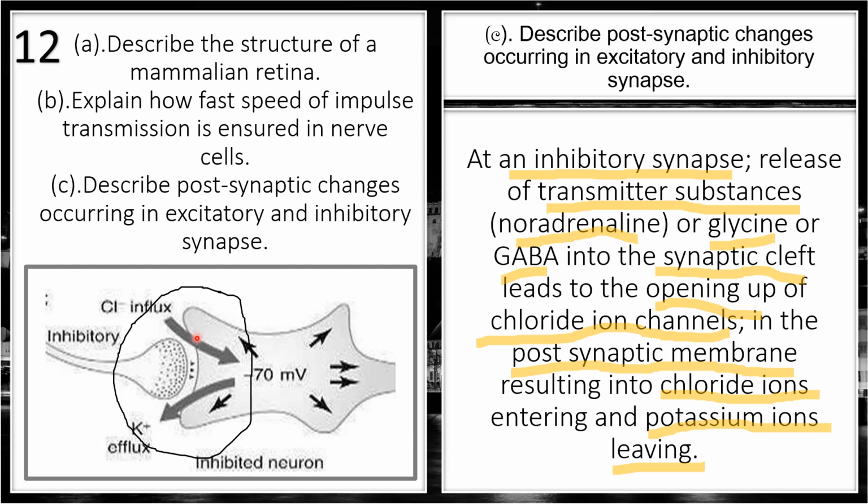And when the chloride ion channels open, the chloride ions are going to enter into the postsynaptic membrane. And when they enter inside, because the channels are open, the potassium ions are going to move out of the postsynaptic membrane, and as they are leaving, they are going to cause an inhibitory state.